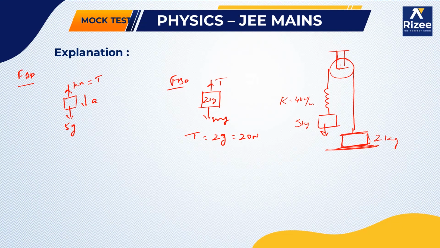So in this particular situation, the equation that we can write is 5g minus tension is equal to 5a. So now this is 50 minus tension, which is 20 newtons, equal to 5 into a, or your acceleration can be written as 30 by 5, which comes out to be 6 meter per second squared.